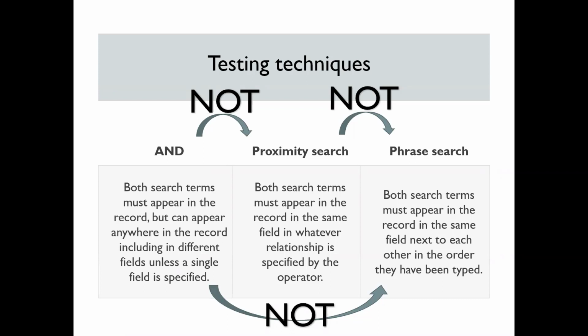So if you're not sure if you want to use a phrase or not, you can do the and search and then take away the phrase search to see what's left and see if what's left is useful. You can do the same thing with a proximity search. You can do an and search and do a take away, not the proximity search, and see what's left.